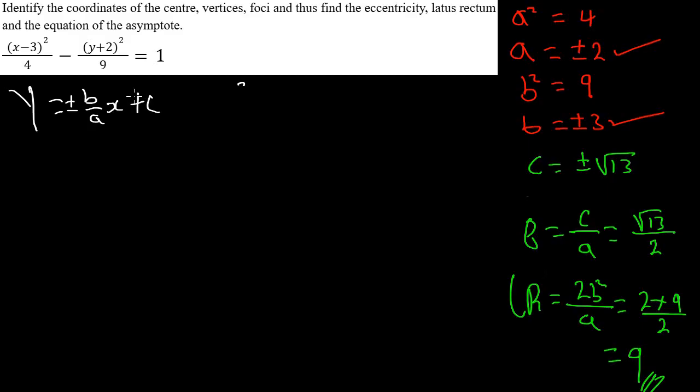If it is at the origin, then no more c, because c is going to be 0. But now c is not going to be 0 because the center h, k is 3, minus 2. So we're going to do something else to get the value of c, and I'm about to show you that.